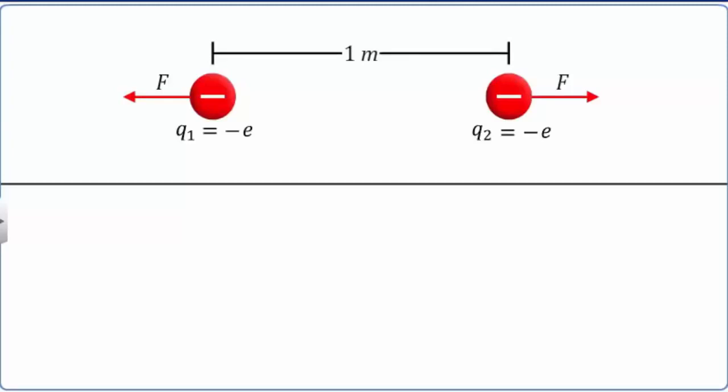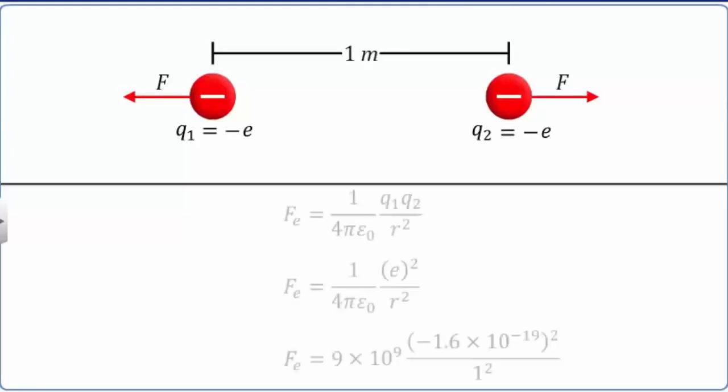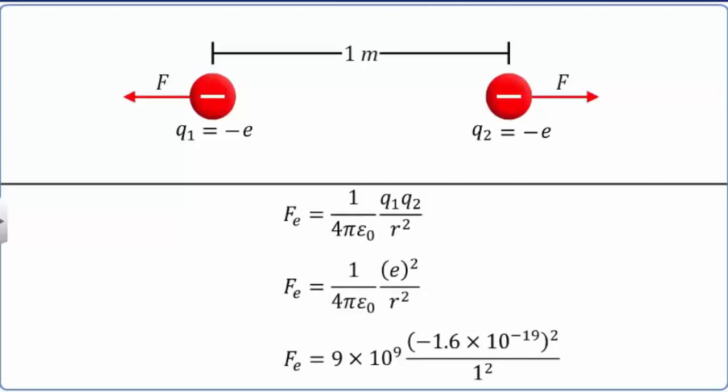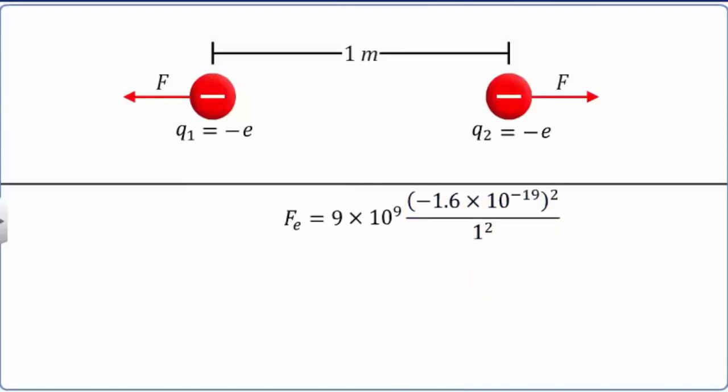The magnitude of the electrostatic force between them, according to Coulomb's law, is given as Fe equal to 1 by 4 pi epsilon naught e square by r square, where r is equal to 1 meter. Substituting the values of the various parameters, the electrostatic force between the two electrons is equal to 23.04 into 10 power minus 29 Newton. Let this be equation 11.